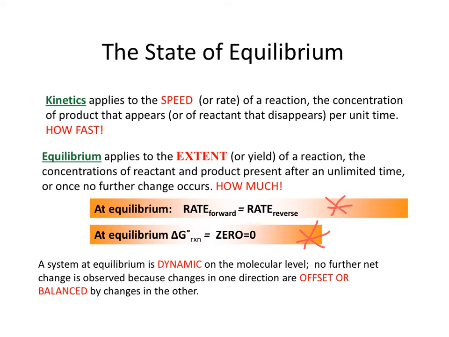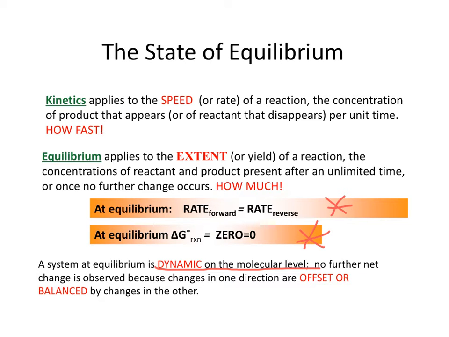We call this system at equilibrium a dynamic system on the molecular level. In other words, even though the forward and reverse rates are equal, it doesn't mean that everything's stopped, okay?